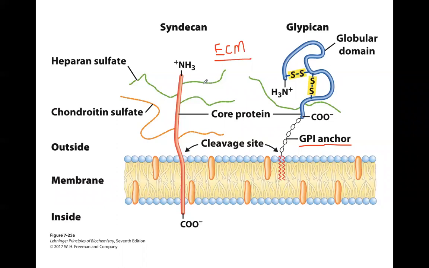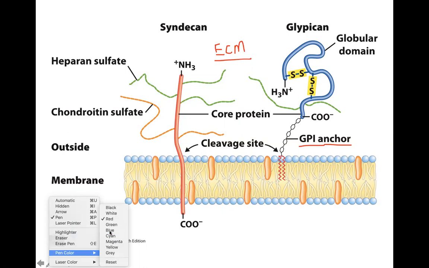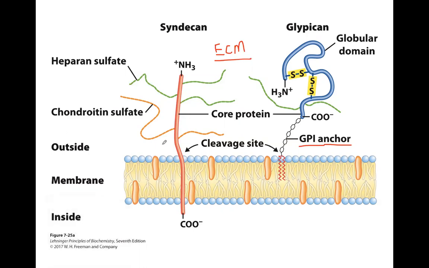For example, let's say a cancer cell wants to metastasize, right? It has to find its way through this extracellular matrix. So let's say this is a cancer cell and it wants to get through.